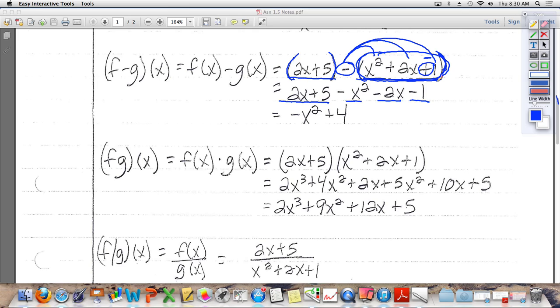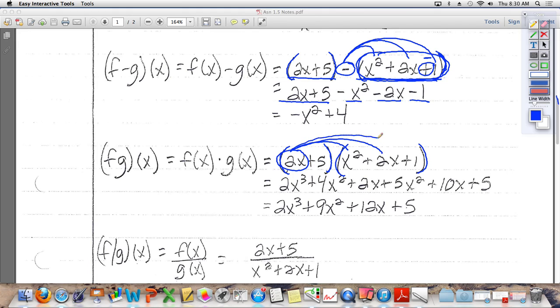All right. F times g of x just means, of course, that you multiply the 2 polynomials. So again, use of the parentheses is pretty important. 2x plus 5 multiplied by x squared plus 2x plus 1. Now, you need to take the first term of the first polynomial, 2x, and multiply it into the second polynomial.